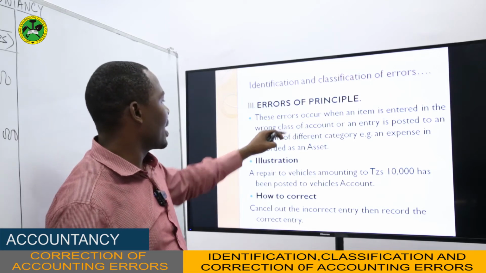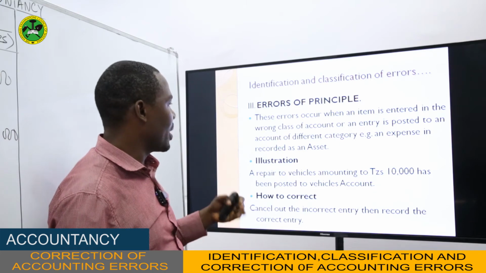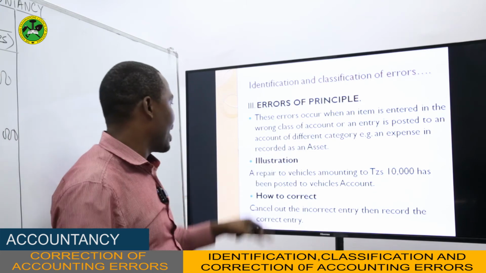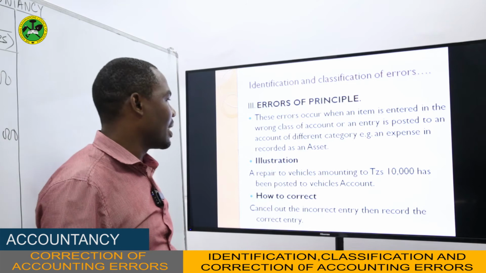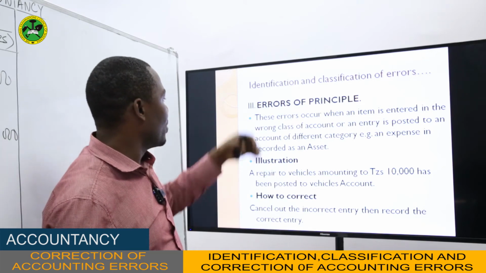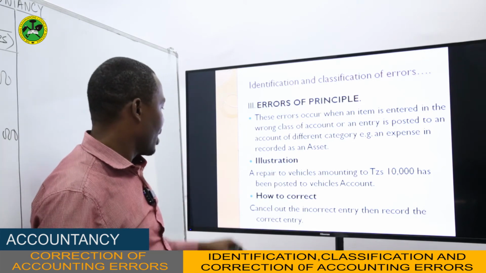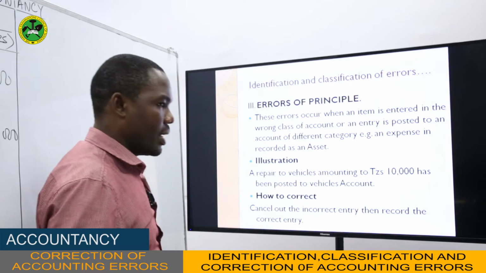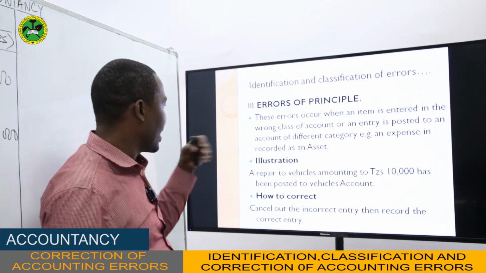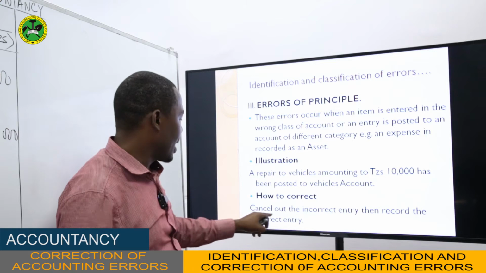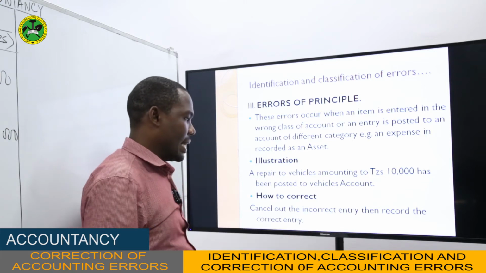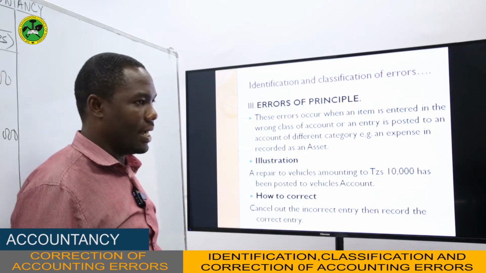You record it to the wrong class of account, or you record to an account of a different category, that constitutes errors of principle. How to correct this? So it is the same procedure as the errors of commission. You cancel out the incorrect entry, then you record the correct entry.